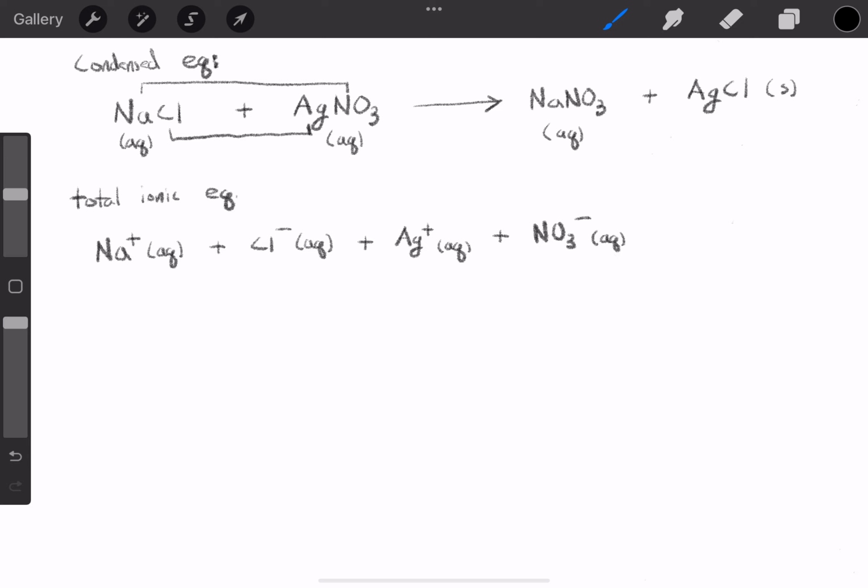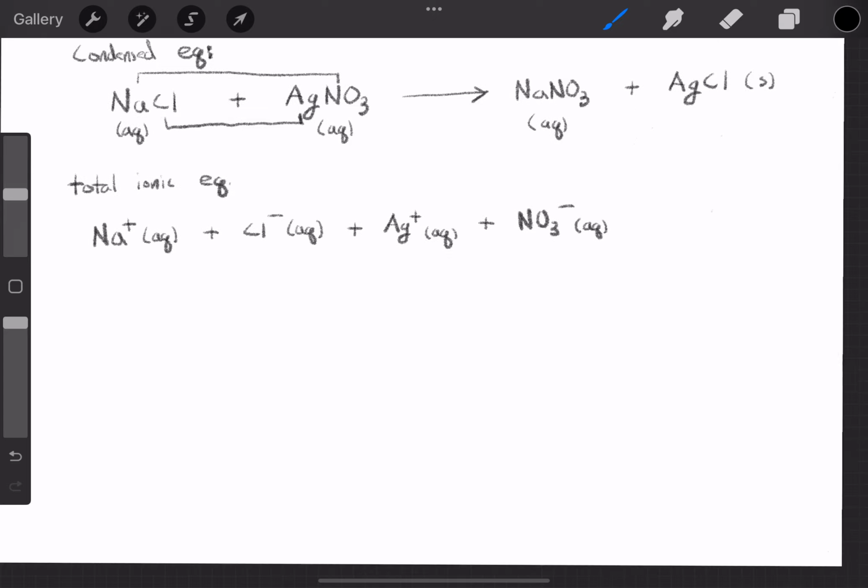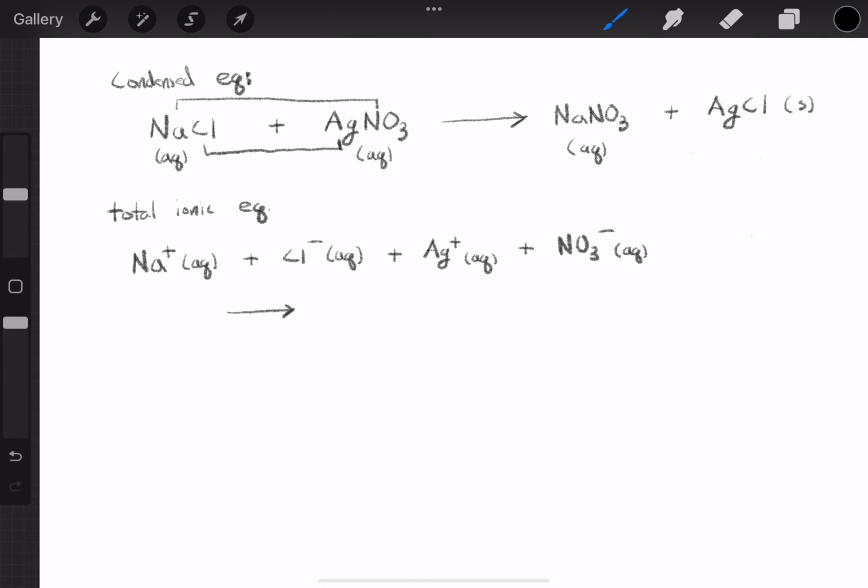So this will also get you familiar on how to write the ions and their charges. So this is also good practice for that because that is a skill we must have. Okay, then on the other side of the equation, sodium plus, because that is soluble, plus nitrate here. And then we leave silver chloride by itself because it's not soluble, right? So it's going to stay as the solid, the ionic compound.